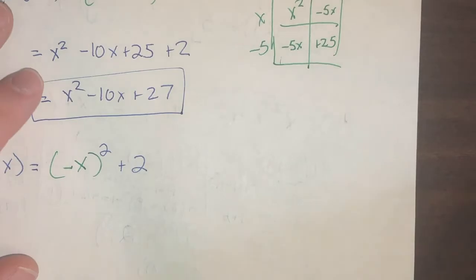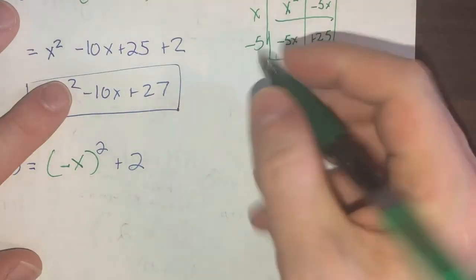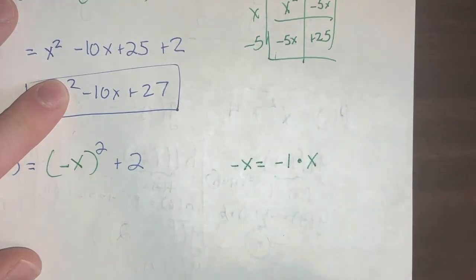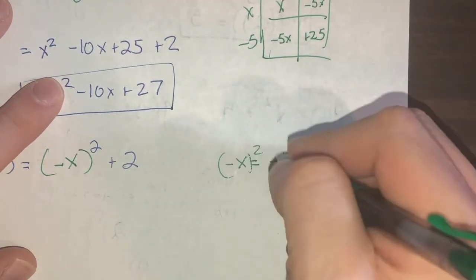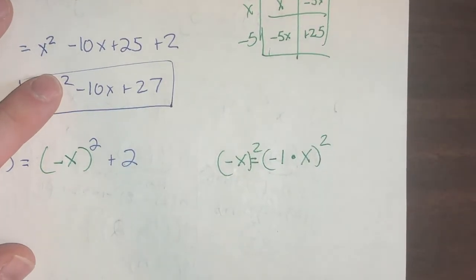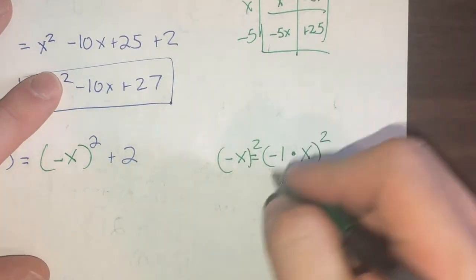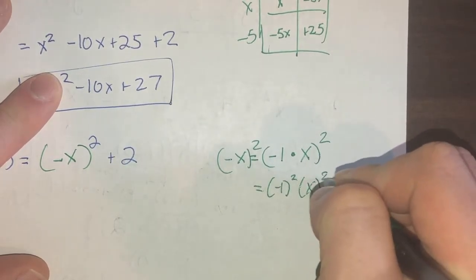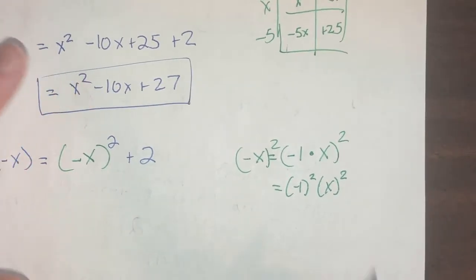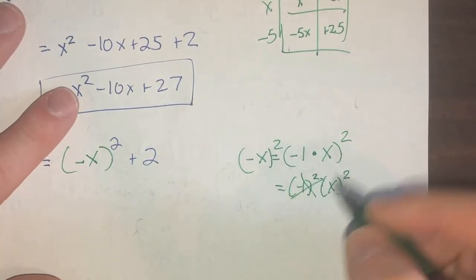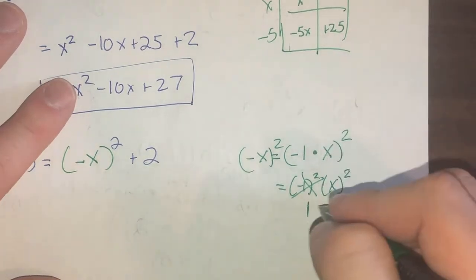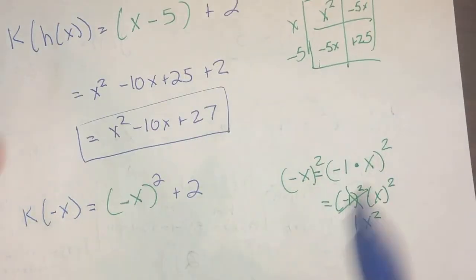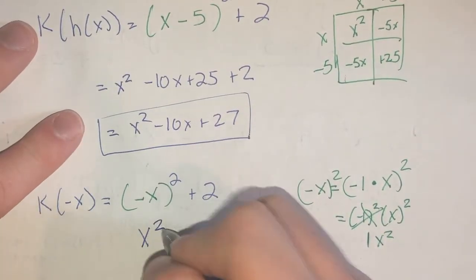Well, we know that negative x is equal to negative 1 times x. So if I square that, I'm squaring negative 1 times x, which means I'm squaring negative 1, and negative 1 squared becomes 1. x squared stays x squared. So this is really just the same as x squared.